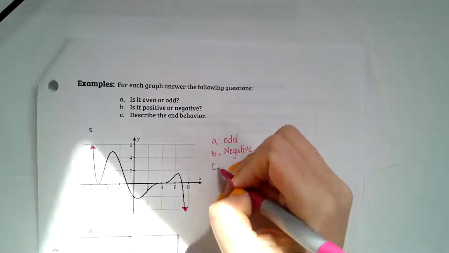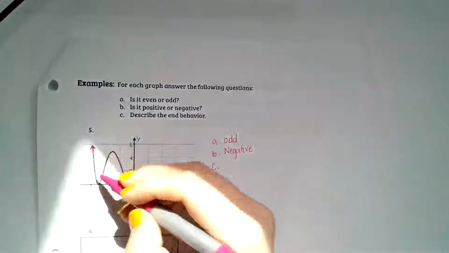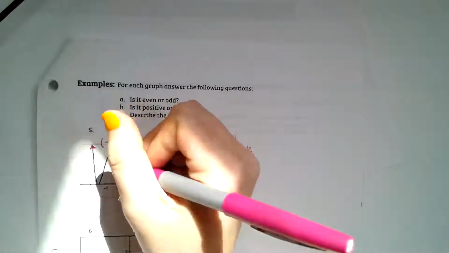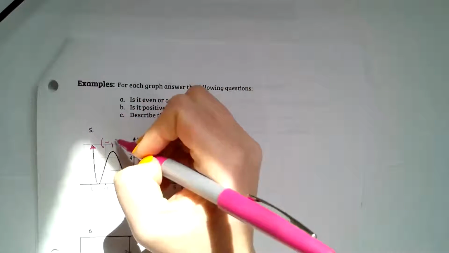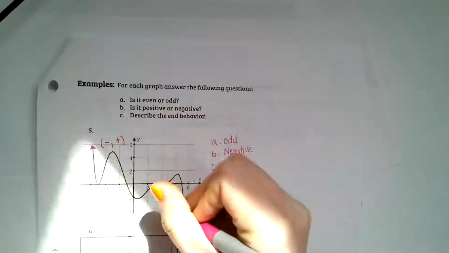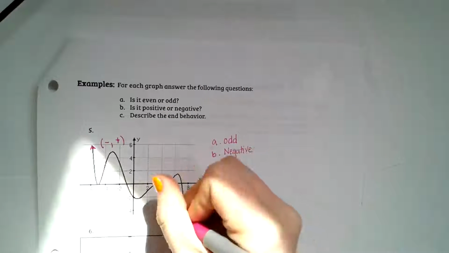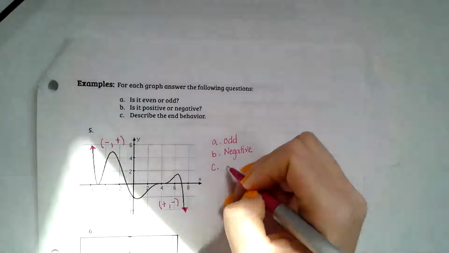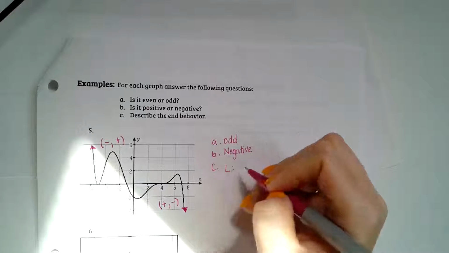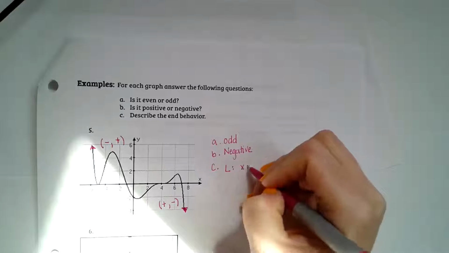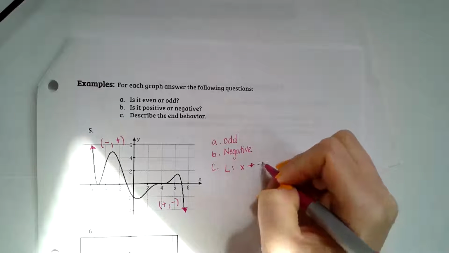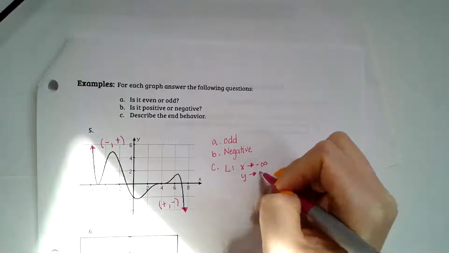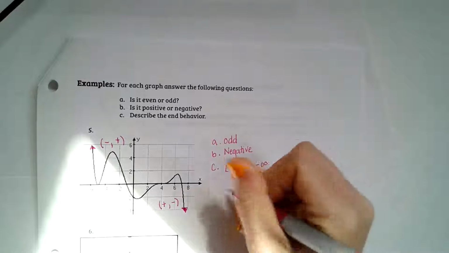So then we need to describe the end behavior. Looking at this end, our x's over here are negative and our y's are positive. The x's over here are positive and the y's are negative. So let's start with the left side. x is negative infinity and y is positive infinity.